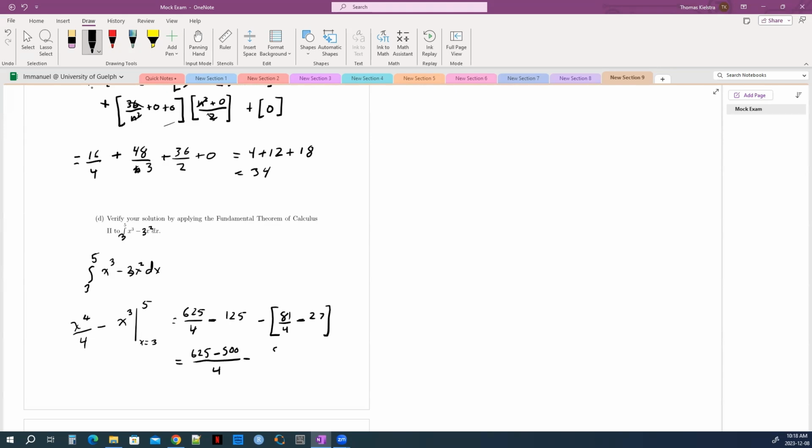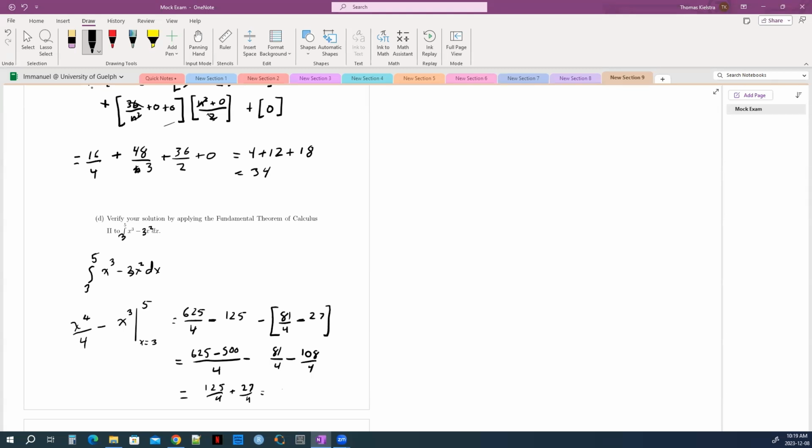Subtract here 81 over 4 minus, and here 27 times 4 is going to be minus 108 over 4, which is 125 over 4 plus, and now 108 minus 80 is 28 minus another 1 is 27 over 4.